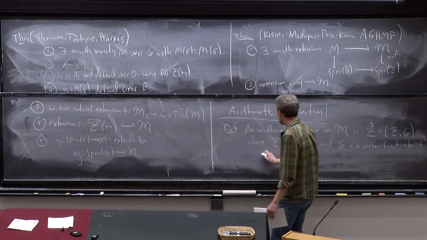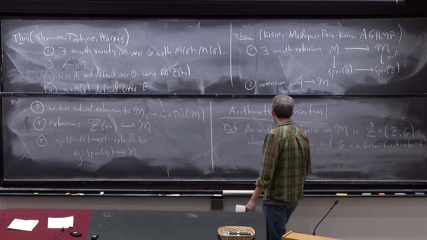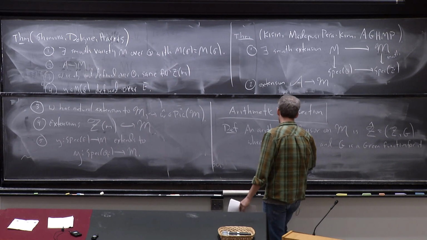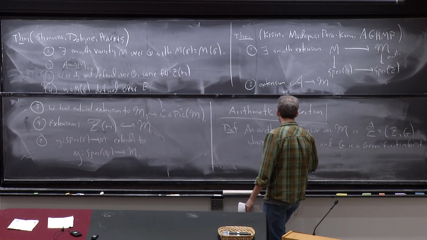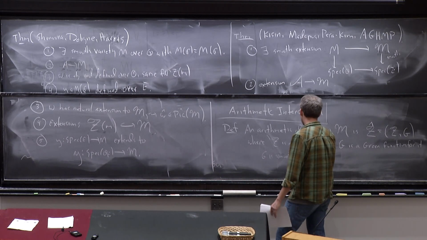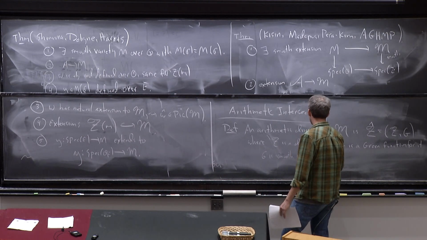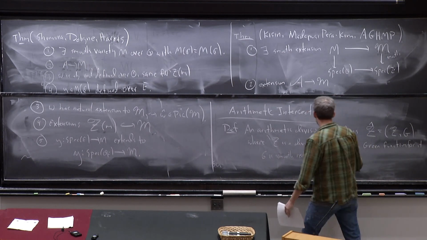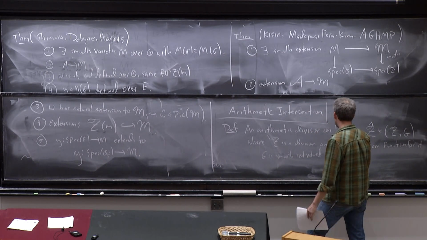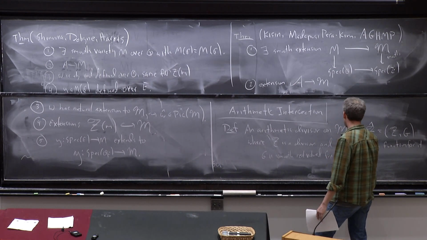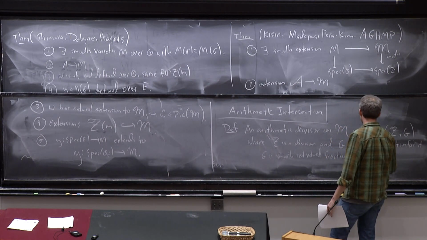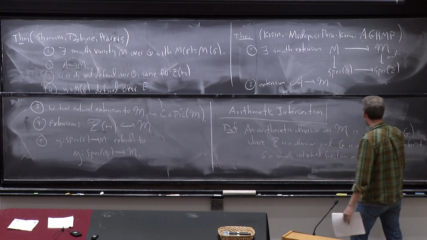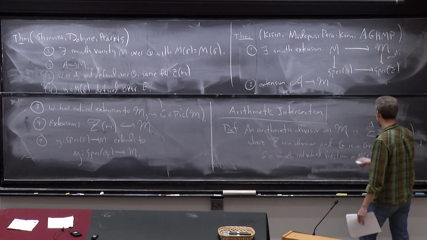By which I mean g is a smooth real-valued function, except where it isn't. I'm not assuming anything about harmonicity. I really want to allow any smooth function. Smooth real-valued function on M(C), except where it's not defined, where it has a logarithmic singularity along this divisor.